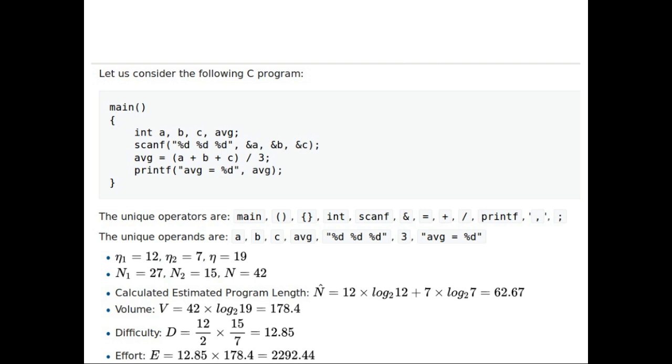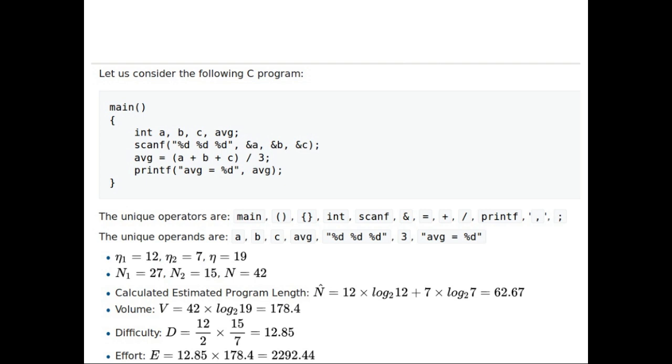Substituting, D is equal to 12 by 2 into 15 by 7, equal to 12.85. Now effort can be calculated by multiplying the volume with its difficulty. So substituting the values of difficulty and volume, 12.85 into 178.4, equal to 2292.44.